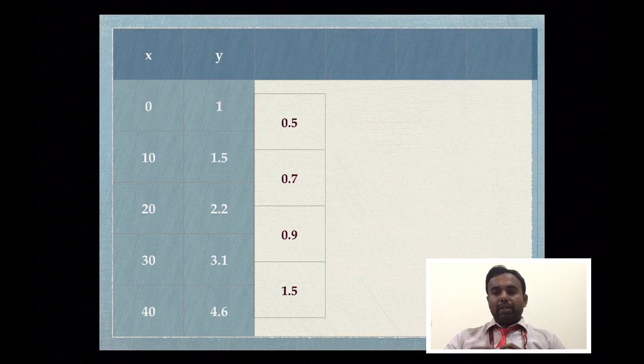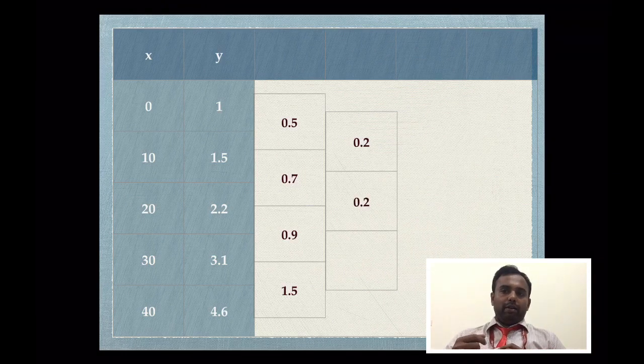In the next stage, 0.7 minus 0.5 is 0.2. 0.9 minus 0.7 is 0.2 again, and 1.5 minus 0.9 is 0.6.